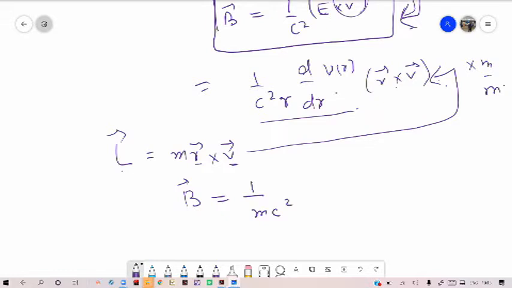So it becomes 1 by R d by dr of V of R into L, because we have now introduced the orbital component of the electron as well.